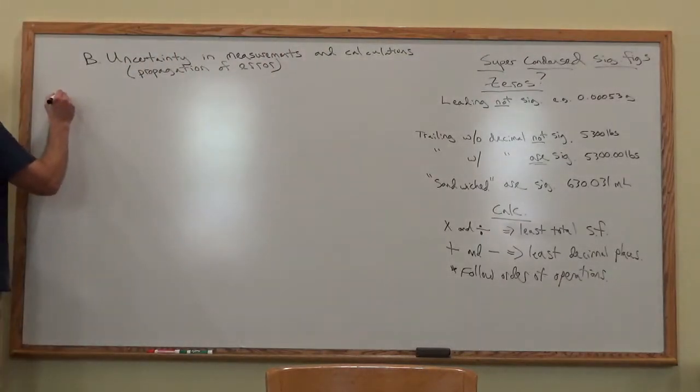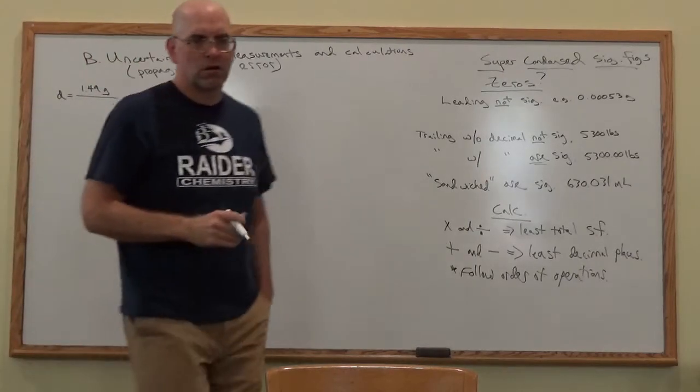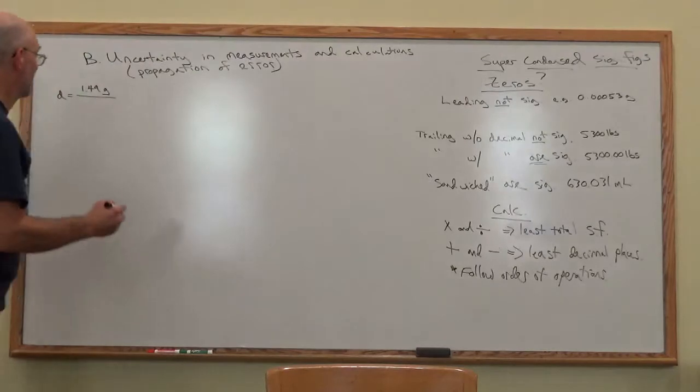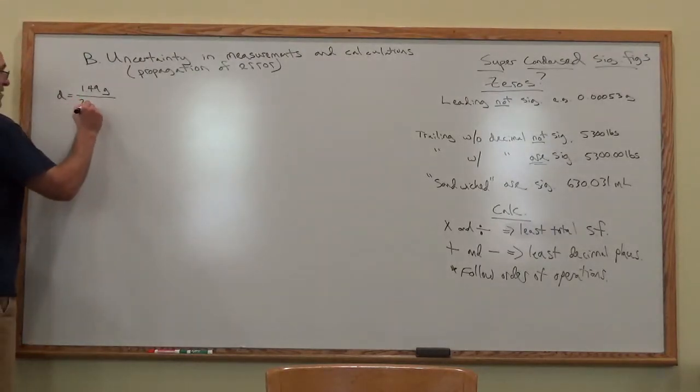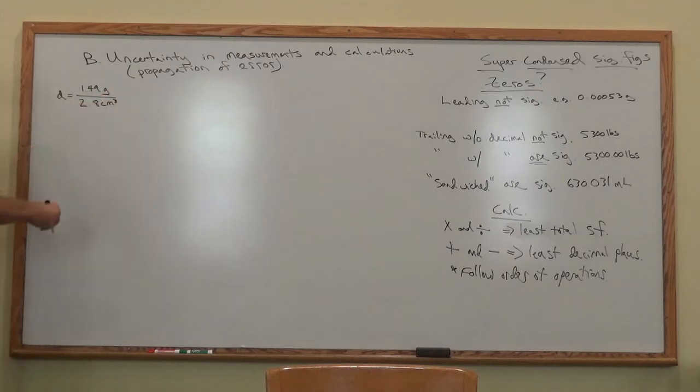In this case, density is mass over volume: 1.49 grams over 2.8 cubic centimeters, which is the same thing as 2.8 milliliters, but it's a solid object. Now, you can calculate that, grams per cubic centimeter, and get an answer. That's fine. And so you combine that into one thing.